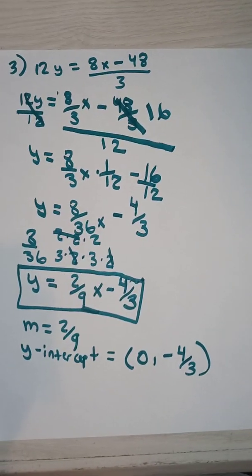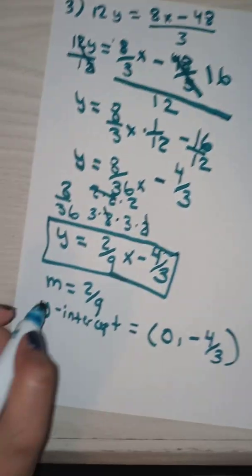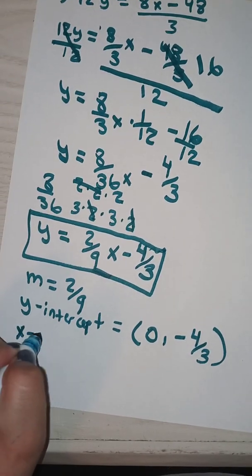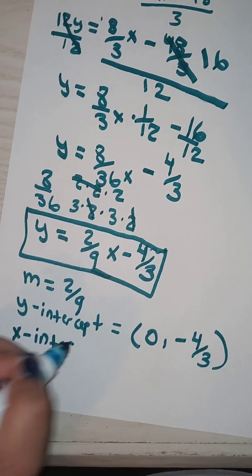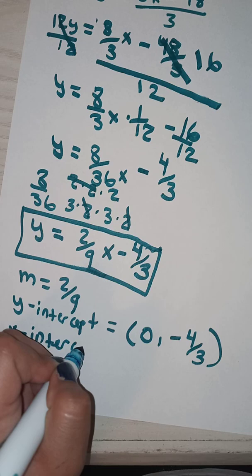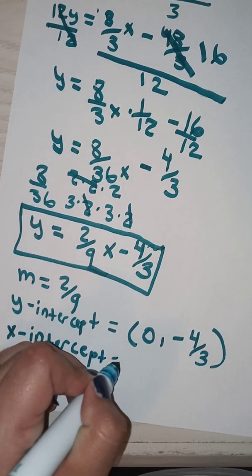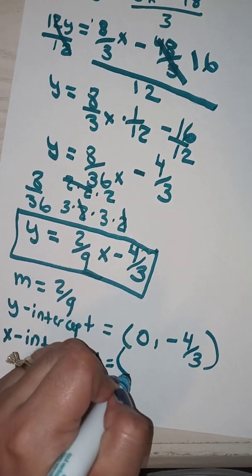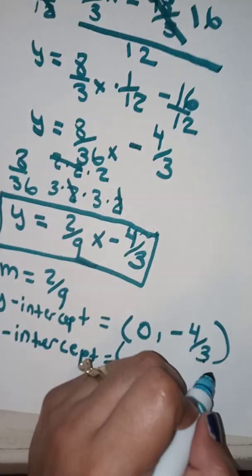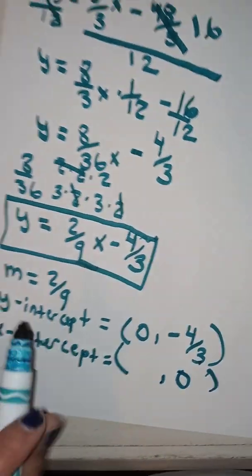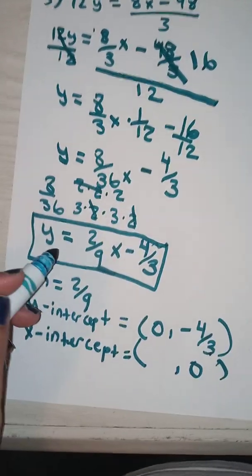Now let's solve for the x-intercept. For your x-intercept, remember you want to plug in a 0 for the y value. Your y value will be 0 for the x-intercept.